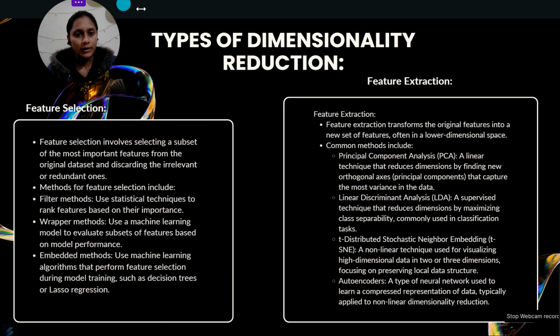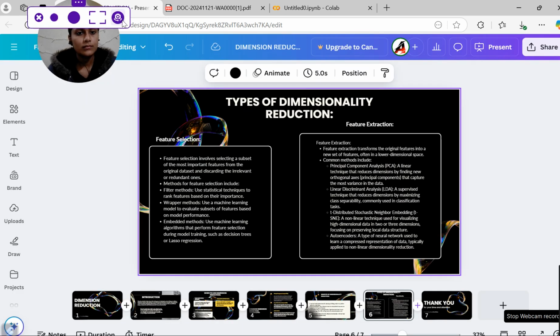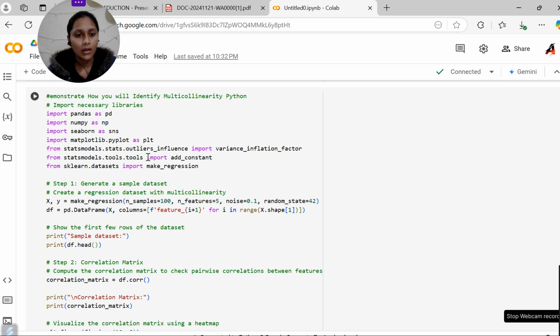Now, let's move to the coding part. I have given the code to demonstrate how you can identify multicollinearity patterns. First, import necessary libraries: pandas with alias pd, numpy with alias np, seaborn with alias sns, matplotlib with alias plt, and libraries like variance inflation factor, add constant, and make regression.